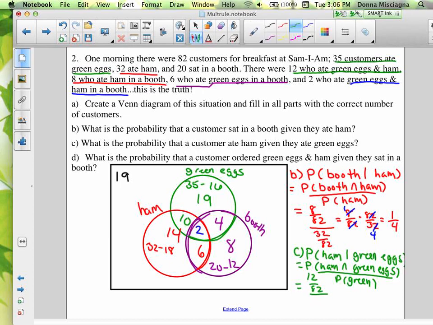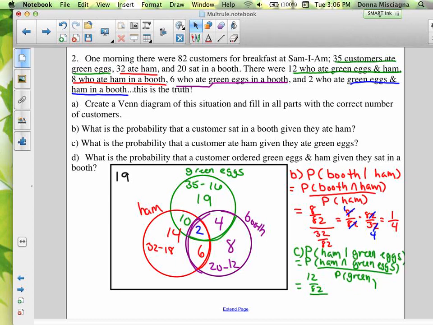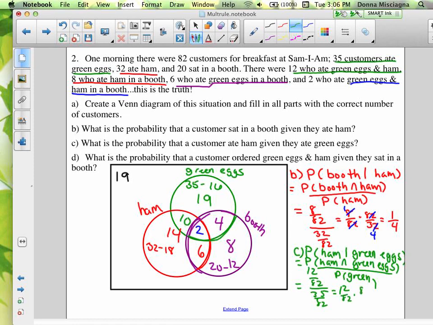Let me squeeze that in there. 35 over 82. Well, that's the same as 12 over 82 times 82 over 35. The 82s cancel. 12 and 35 have nothing in common because 35 is 7 times 5, and neither of those are factors of 12.